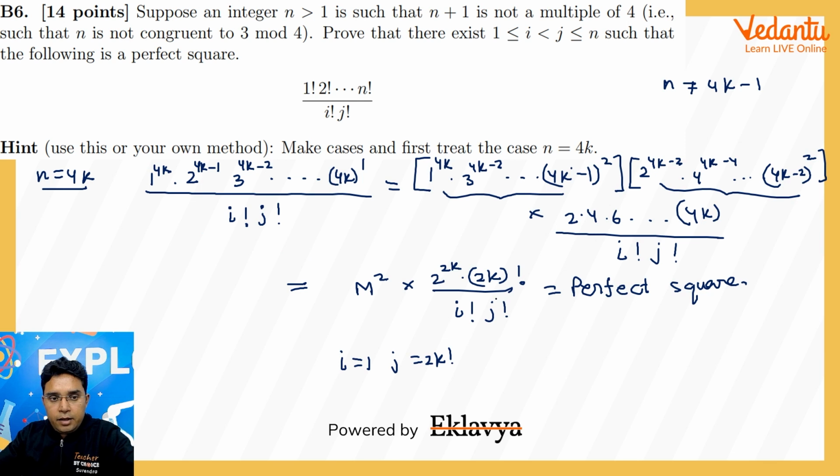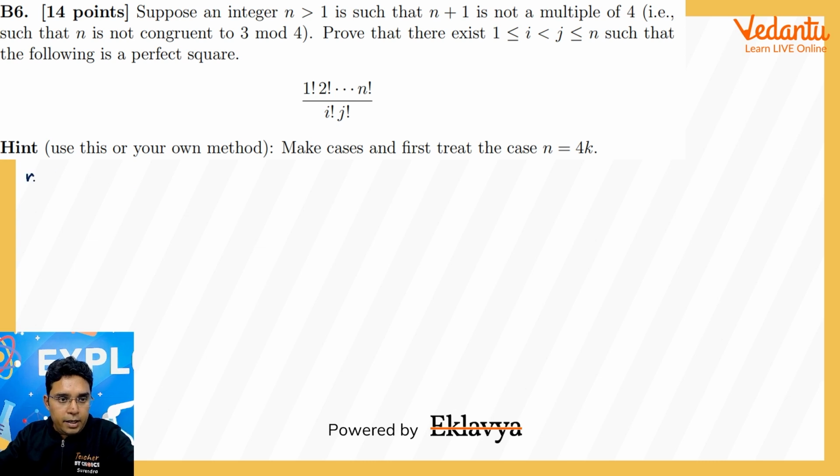Now let us see if we have to do for 4k plus 2 also. Let us do it separately. Suppose I take n is equal to 4k plus 2. In that case, this will again be like that 1, 3, and all they are having even powers only. Let me write completely. So 1 will be having that power 4k plus 2, 3 will be having 4k power, and so on.